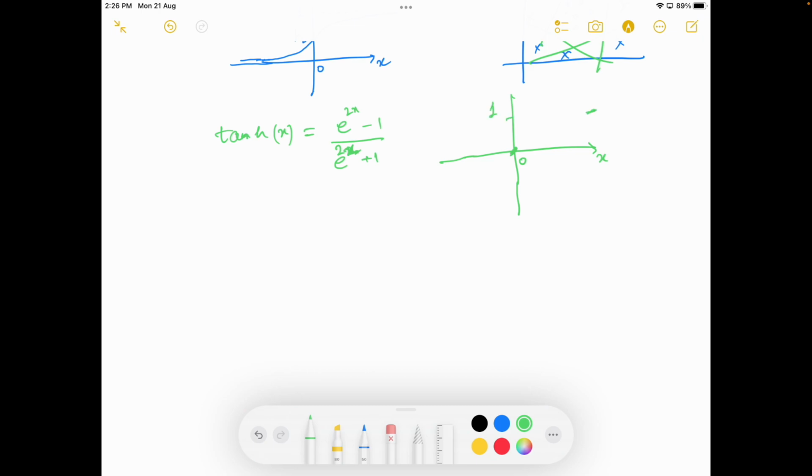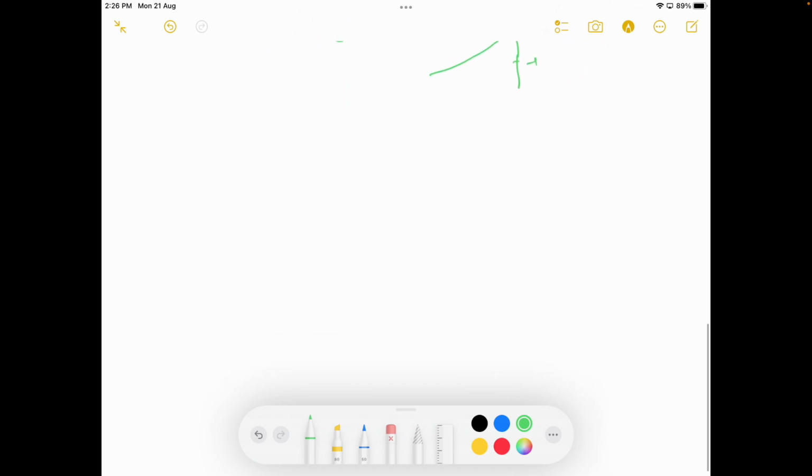If x tends to minus infinity, what is the value? Minus 1, because e to the power 2x becomes 0, so minus 1 upon plus 1, so it is minus 1. So the function looks something like this, tanh of x.